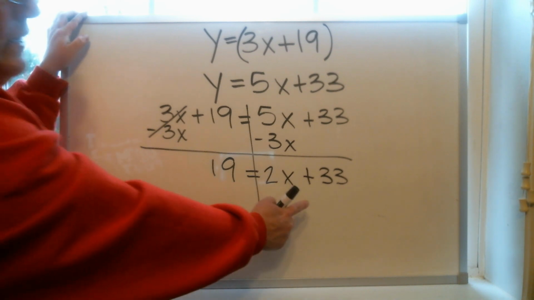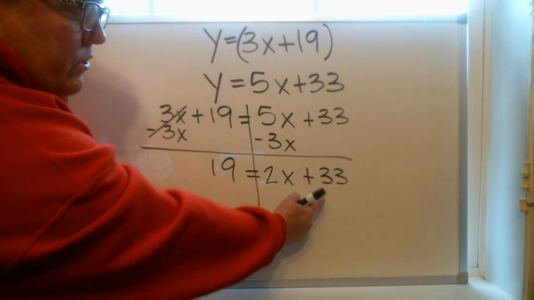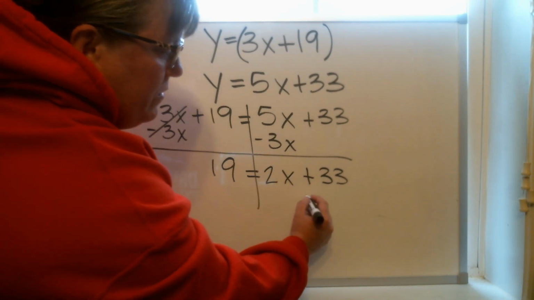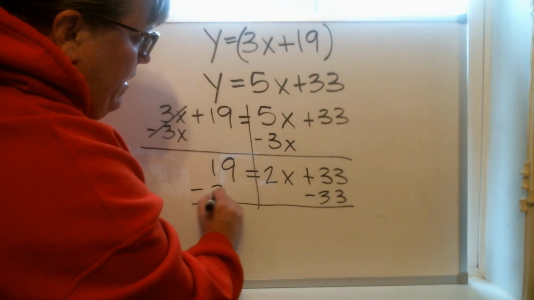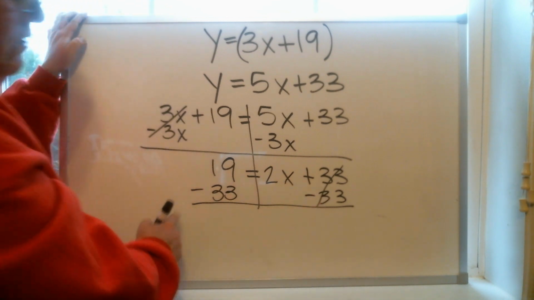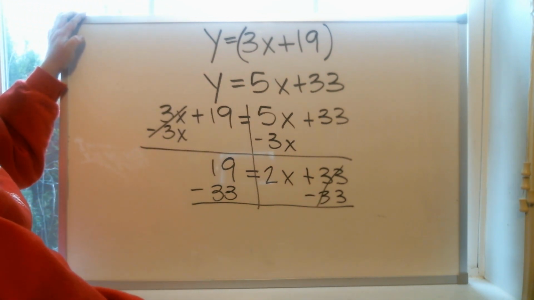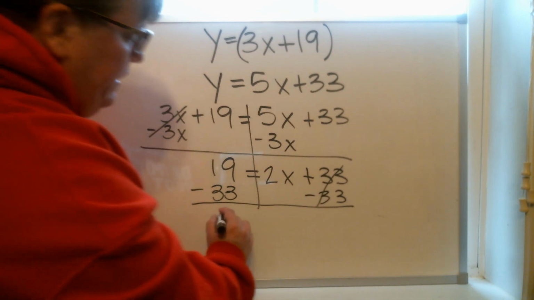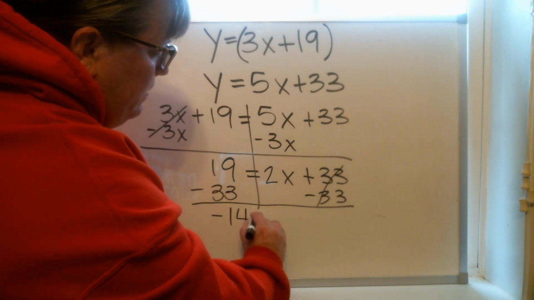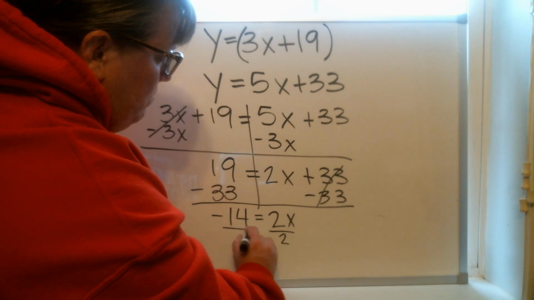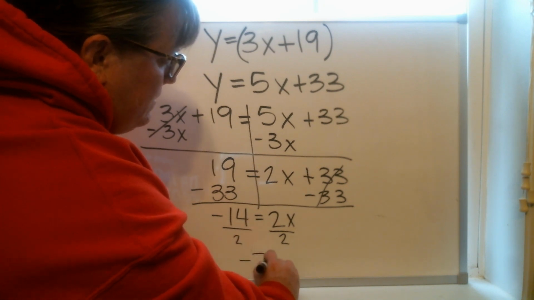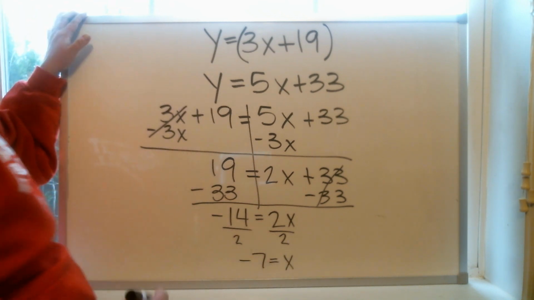Then I need to move this 33 over here, so I'm going to subtract it from this side. 19 minus 33 is what? Negative 14. So I've got negative 14 equals 2x. And when I divide by 2, I end up with negative 7 equals x.